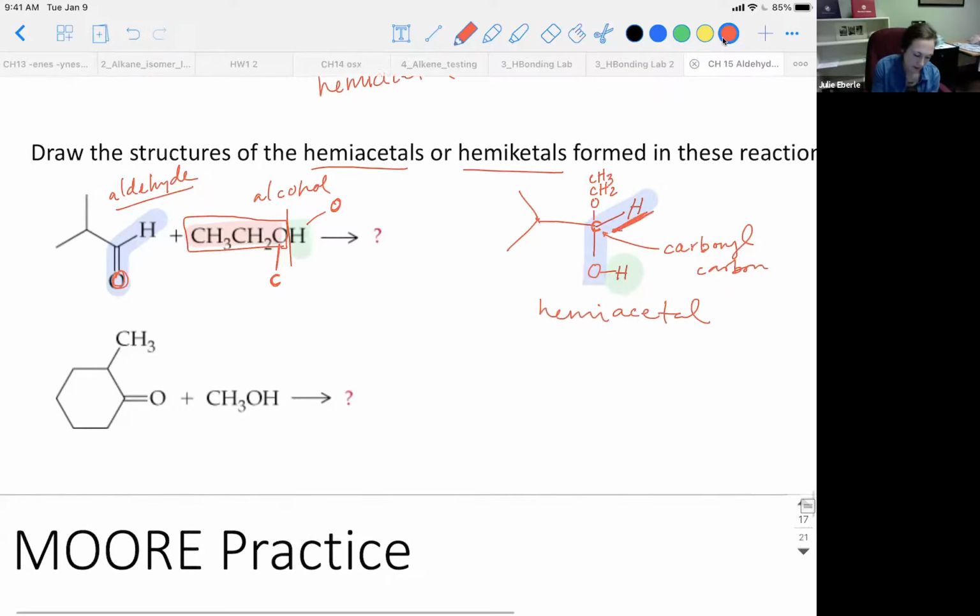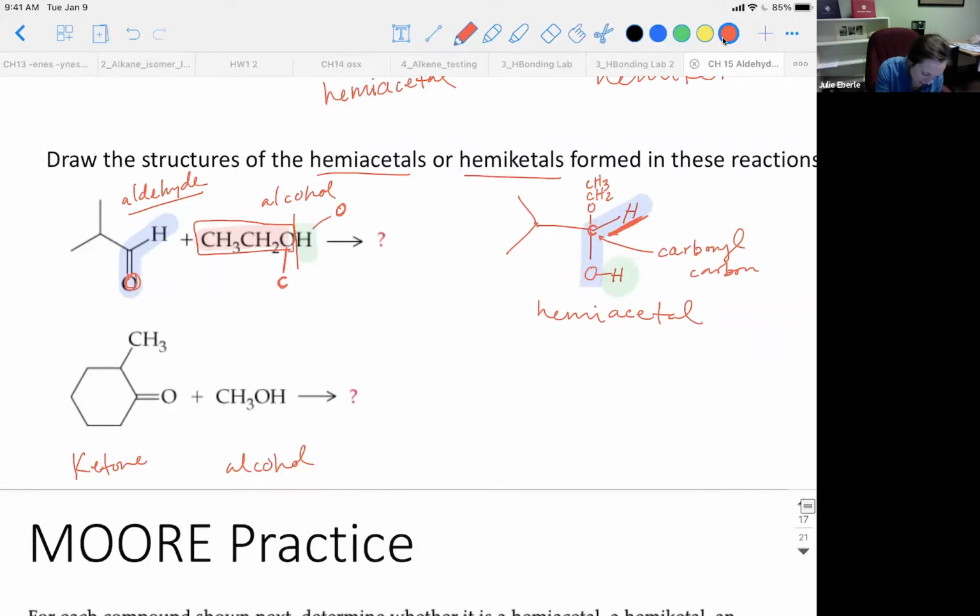Okay. This is a ketone. How do I know that? Because of this right here: the carbon-oxygen double bond is bonded to 2 carbons. That's a ketone. And this is an alcohol, methanol.